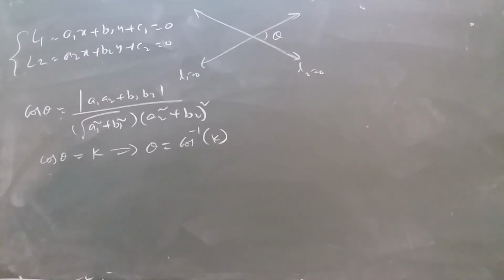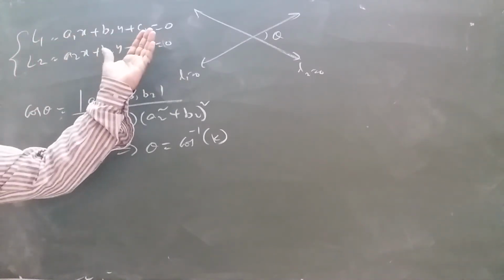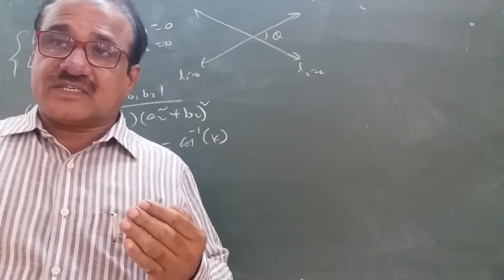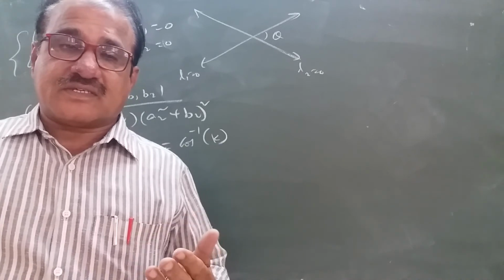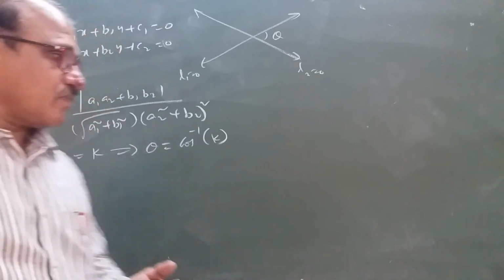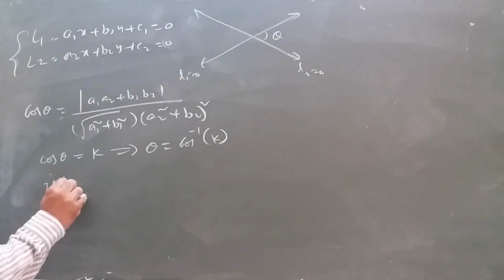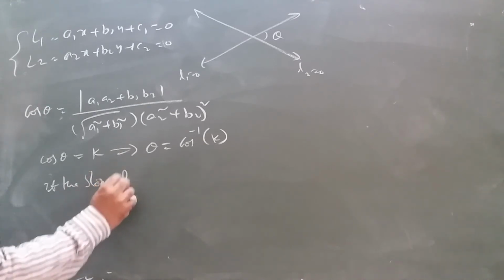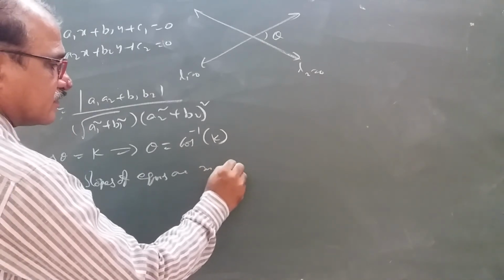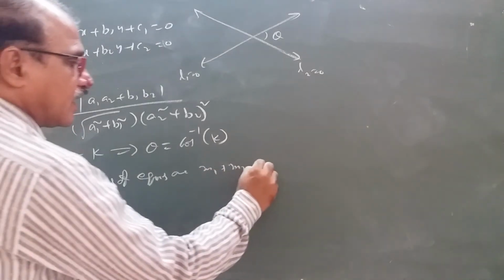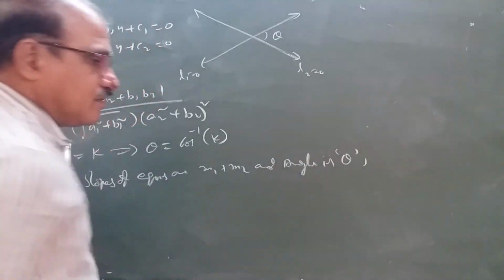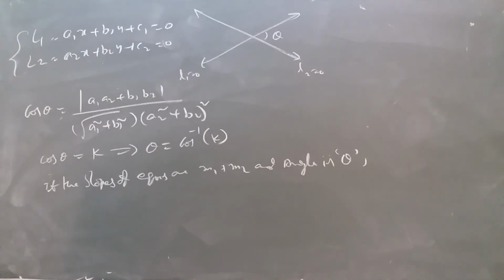If the given straight lines are in the general equation form, we use that. Or if the equations are in slope form, or we know the slopes, say the slopes of the lines are m1 and m2 and the angle is theta, then we can find the angle theta by using tan.